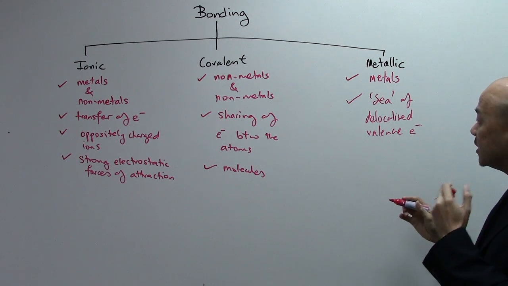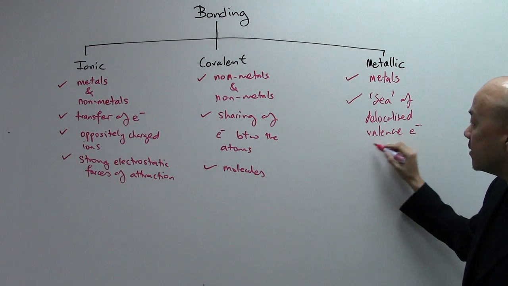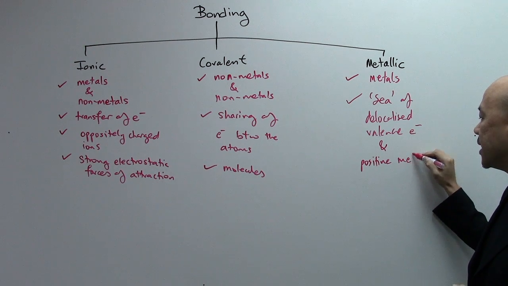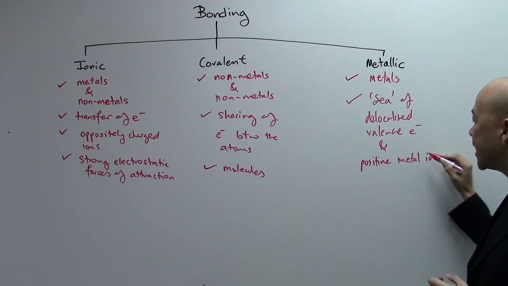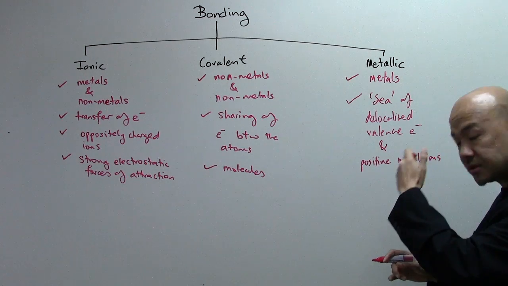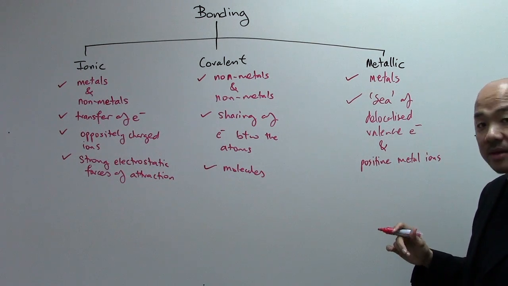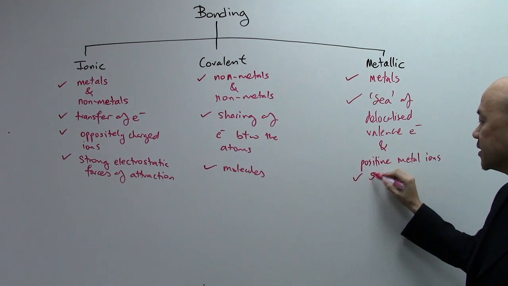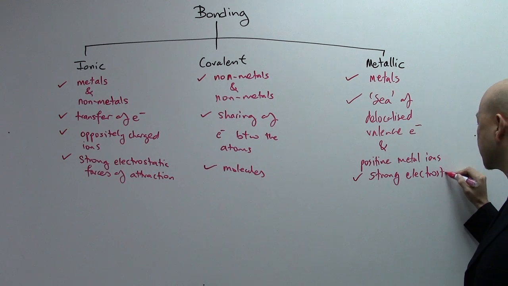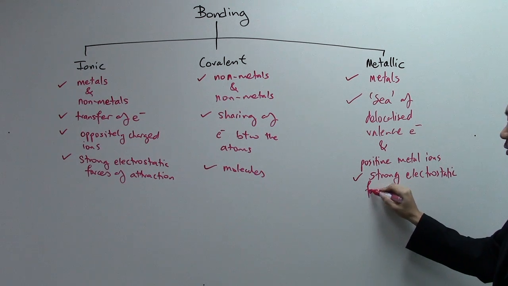And this sea of delocalized valence electrons will then be surrounding the positive metal ions. These ions are formed from the metal atoms. After they lose their electrons, they will then form your positive metal ions. And the forces holding them are still your strong electrostatic forces of attraction.